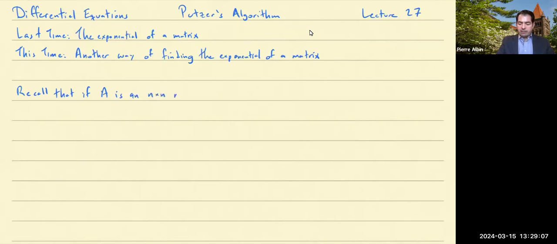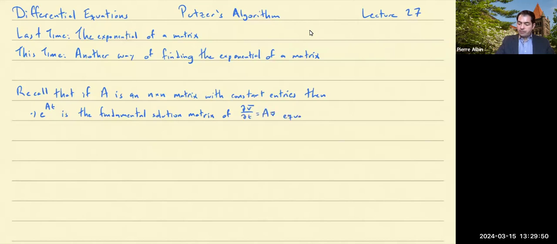If A is an n by n matrix with constant entries, then e to the A t is the fundamental solution matrix of the equation dv/dt equals A v, which is equal to the n by n identity matrix at t equals 0.